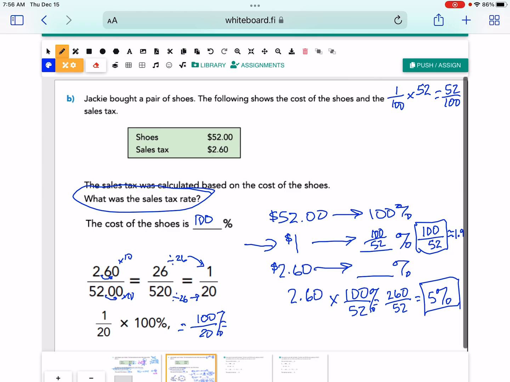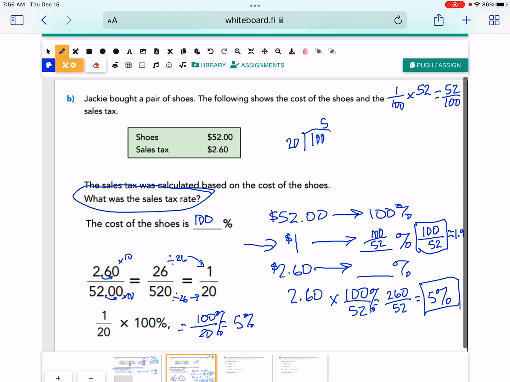I'm sorry, I forgot to write that, which is 5%, right? Because we know that 20 goes into 100 five times. And remember, when you're doing division from a fraction, the numerator goes inside the division box and the denominator goes on the outside. And when you divide, you get 5.